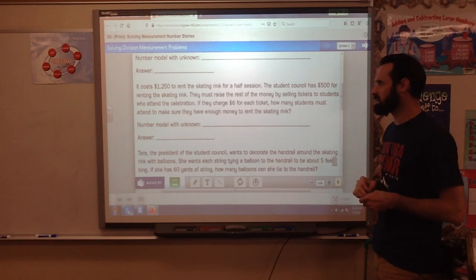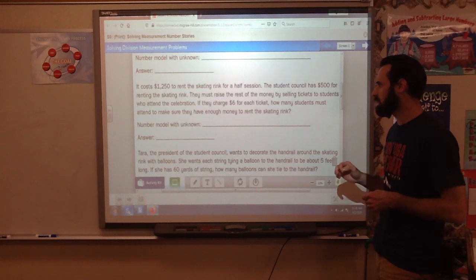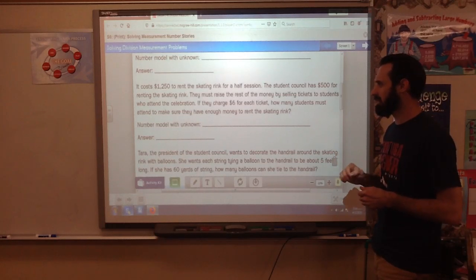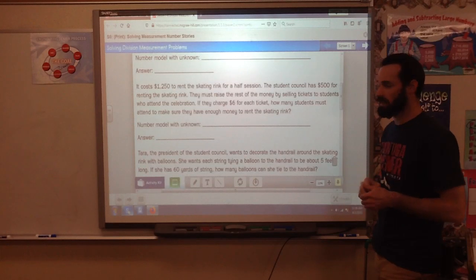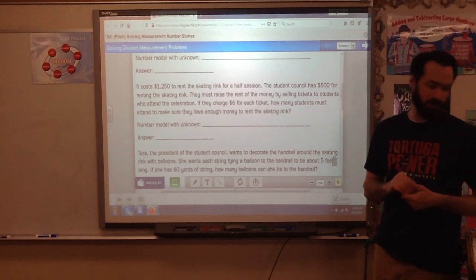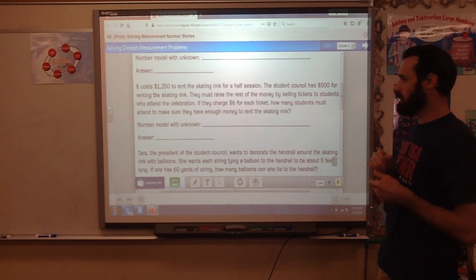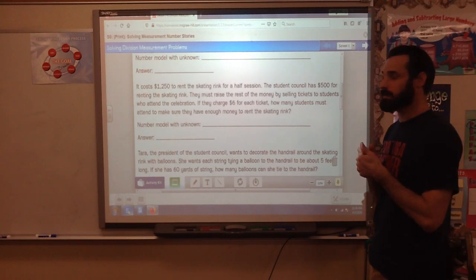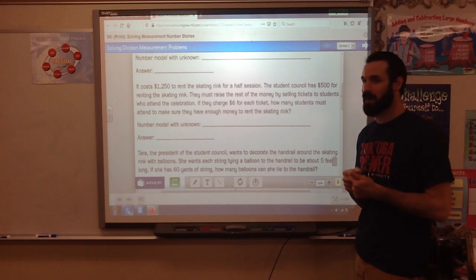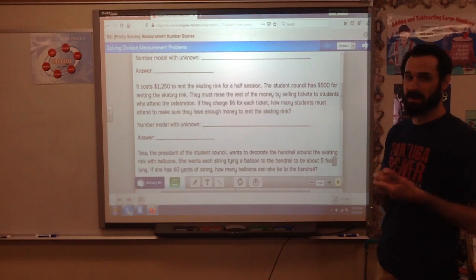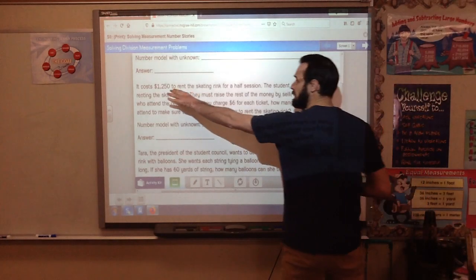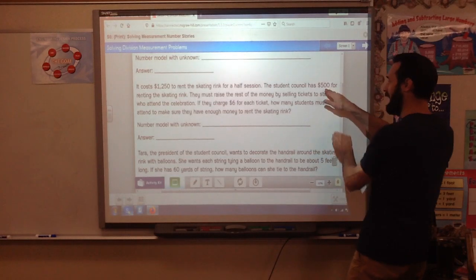If they charge $6 for each ticket, how many students must attend to make sure they have enough money to rent the skating rink? This is a fairly tricky one. Okay? Because before we do any dividing, we've got to figure out, we know they need this much money. They have this much money.